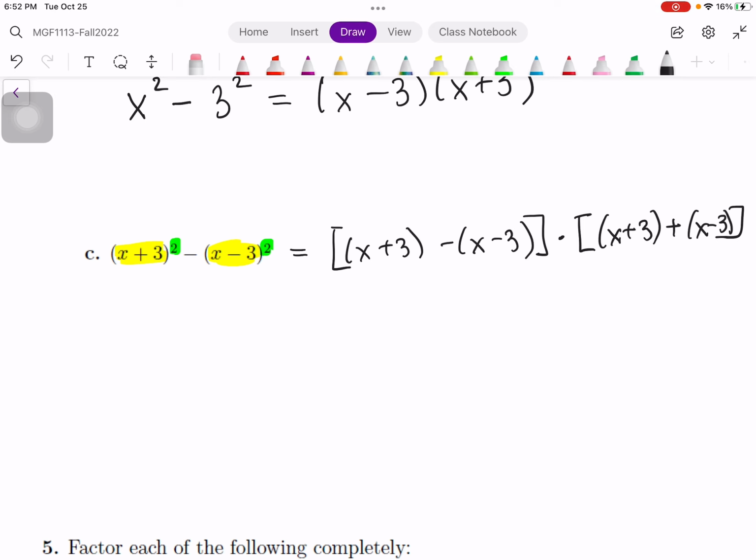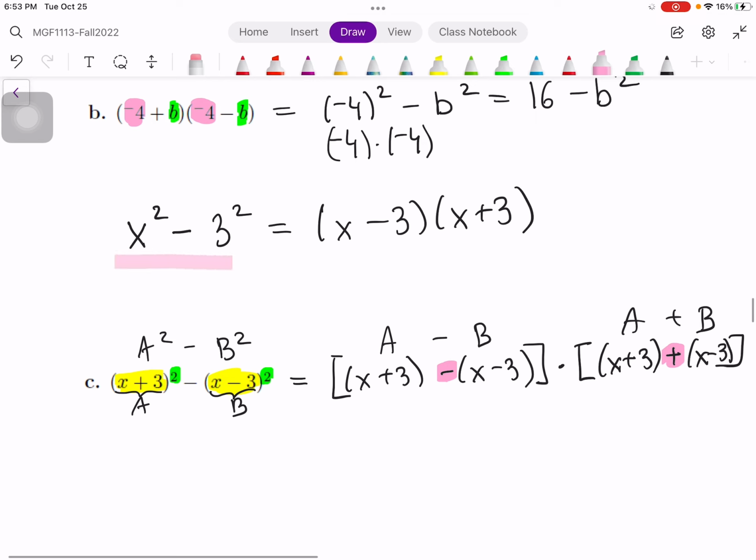So think of this like being your a and this like being your b. So you have a squared minus b squared. It became a minus b and a plus b, right? So again, imagine removing the squares, which will create one of the factors, the difference, a minus b, and then write the same, but instead of minus in between, with the plus. That's exactly what we did above. It was just easier, right?